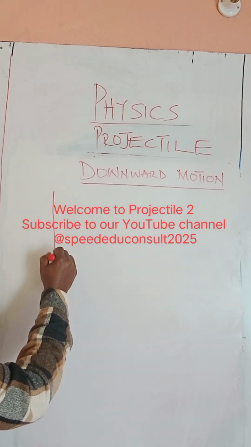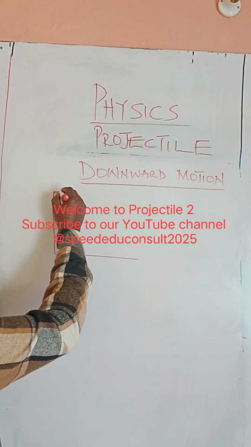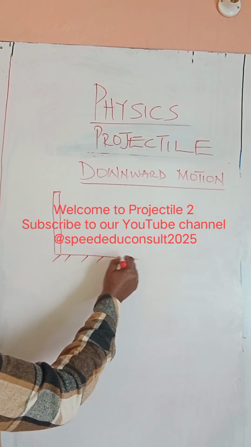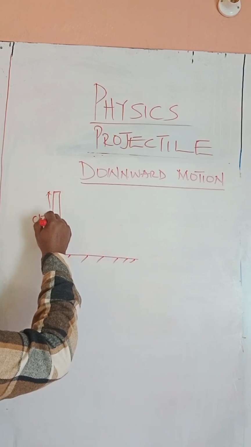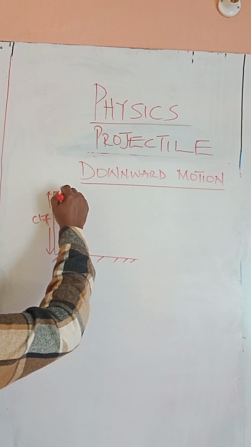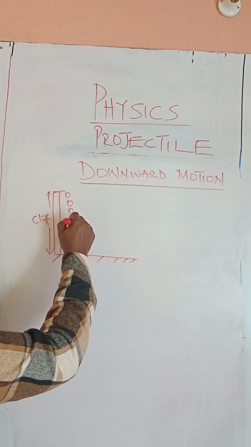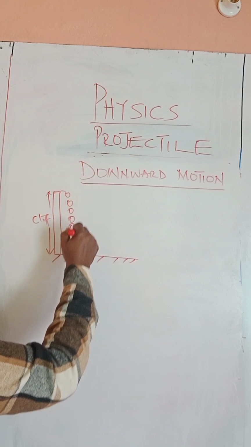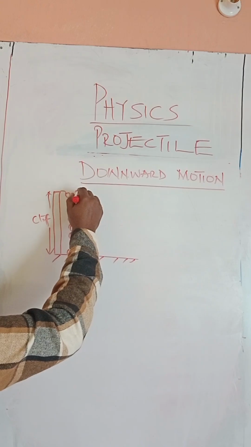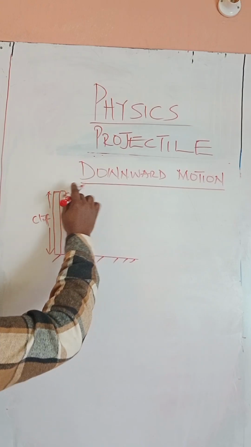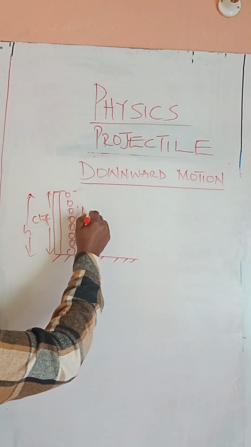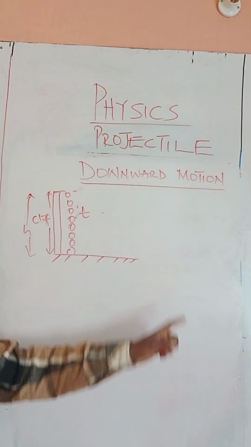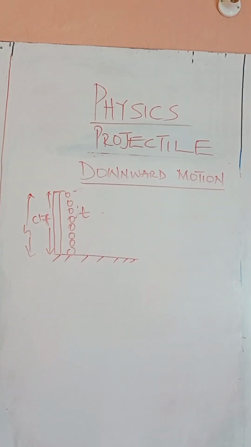So you know the meaning when you have, let's say, this is the ground, this is a building, for example, or a cliff. The body is now thrown vertically downward like that. We have the height here, and you have the time taken to reach the foot of the cliff.